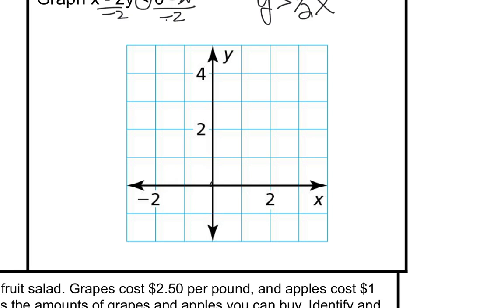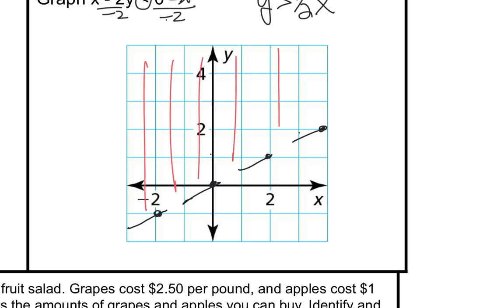So my y-intercept is 0, up 1 to the right 2, or down 1 to the left 2. And this is just greater than, it's not or equal to, so we're going to do a dash line. And it says everything's greater than, so that would be above the line.